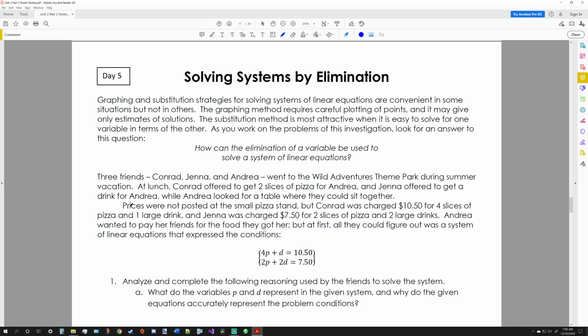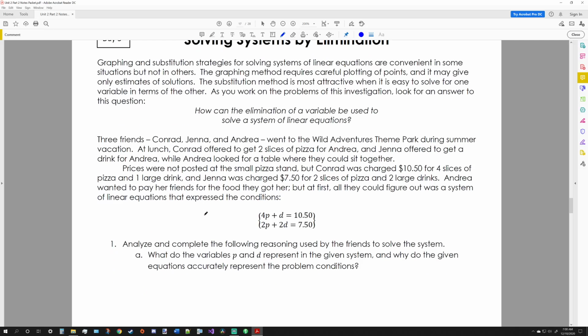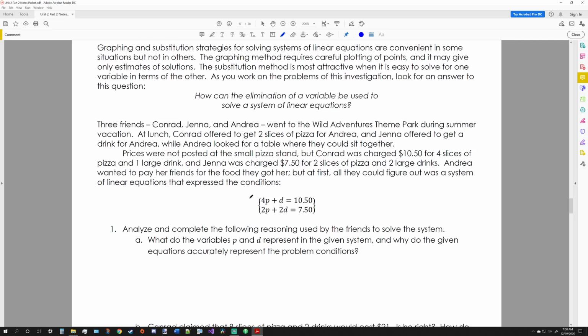a situation here where 3 friends go and buy some food, and one of them finds a table. And so, they kind of buy food as a group. And one of them is charged $10.50 for 4 slices of pizza and 1 large drink.